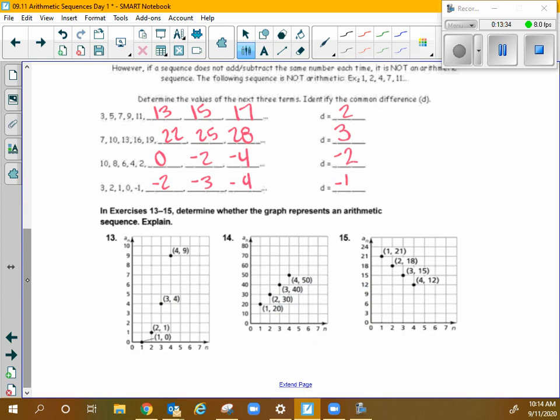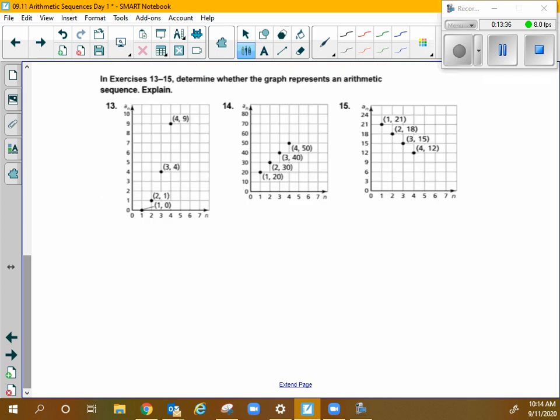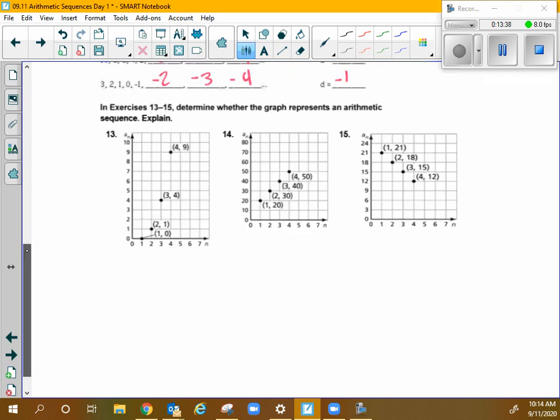All right. Y'all flew through that. So let's look at the graph. If I'm adding the same thing every single time, my graph will be linear, right? Because you're adding 3 over 1, 5 over 1, -2 over 1 every single time.